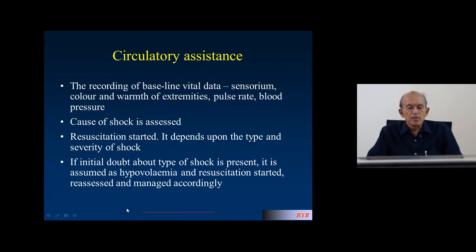So the initial resuscitative measure for circulatory assistance in a shocked patient, irrespective of the type of shock, neurogenic shock, cardiogenic shock, septic shock, hypovolemic shock, is with fluids and electrolytes.